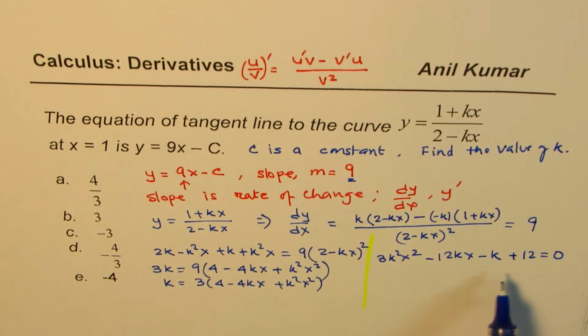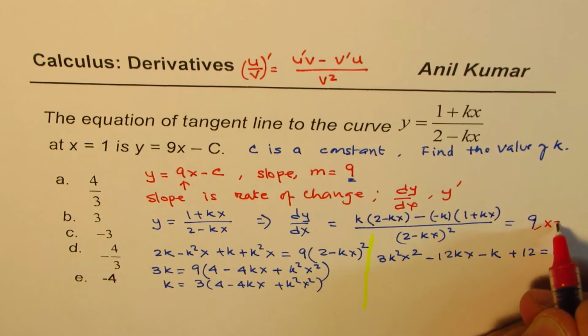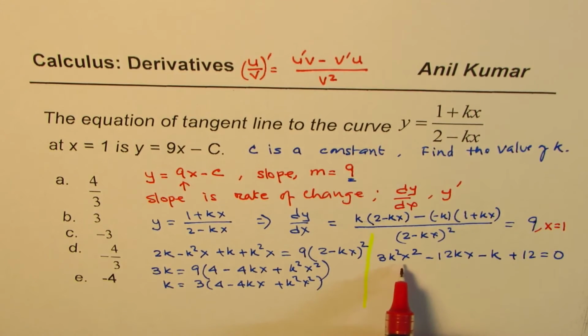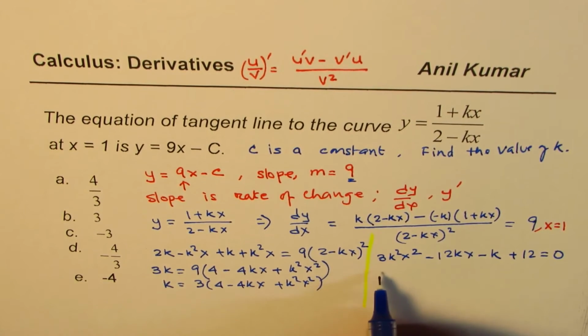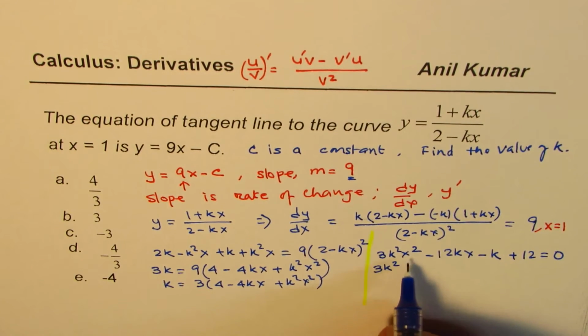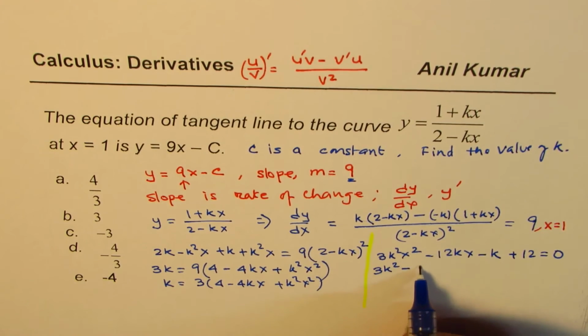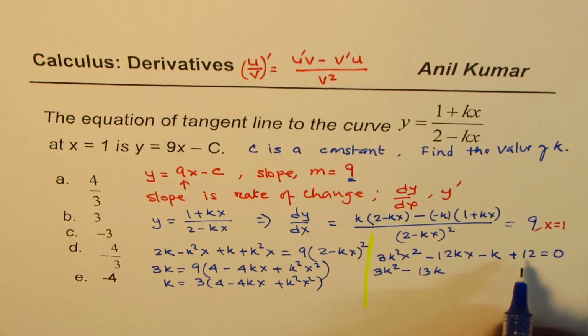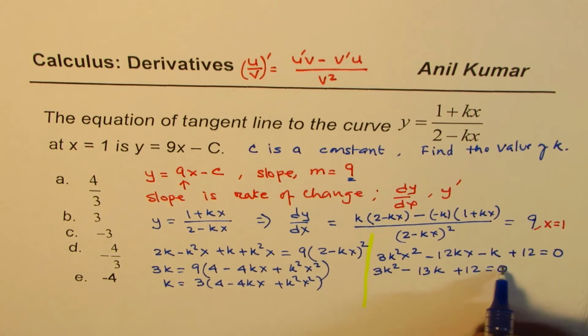Now what we know is that the derivative is equal to 9 for x equals 1, so I'll substitute 1 here. I get 3k square, minus 12k minus k becomes minus 13k, plus 12 equals 0.